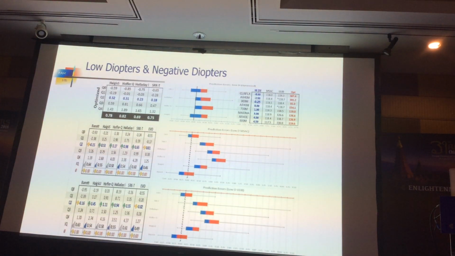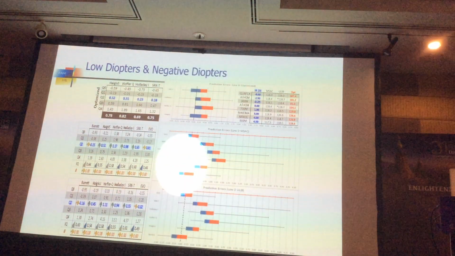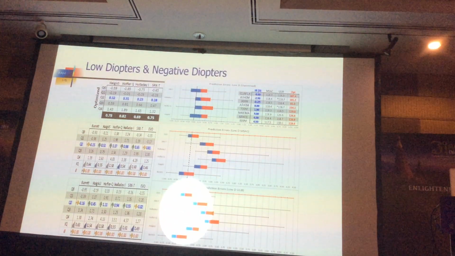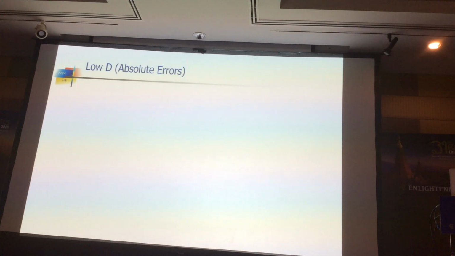This is using ULIB. Some ULIB have certain IOLs. There's a ULIB again. You can see these two formulas stand out. The rest end up in the hyperopic territory. If you look at Hoffer Q and Holladay, no IOL ends up at 0. All post-op end up on the hyperopic side. The prediction error is on the hyperopic side.